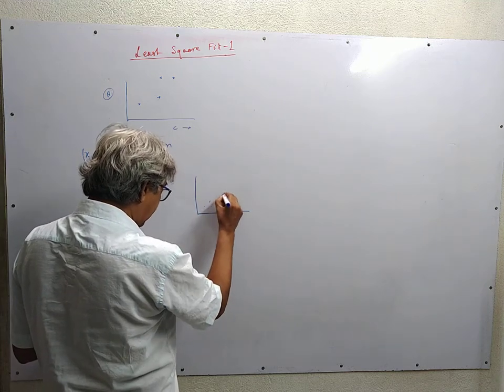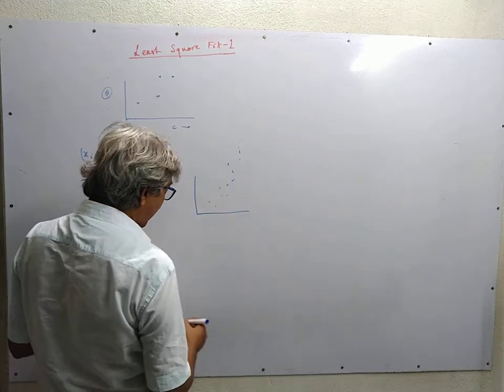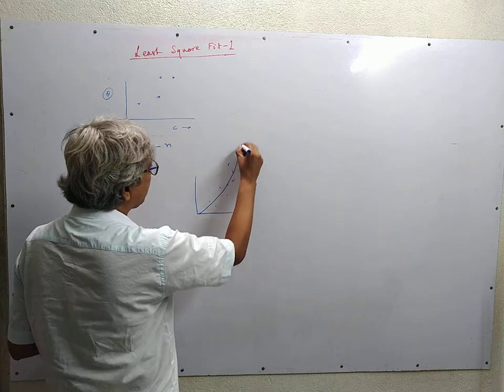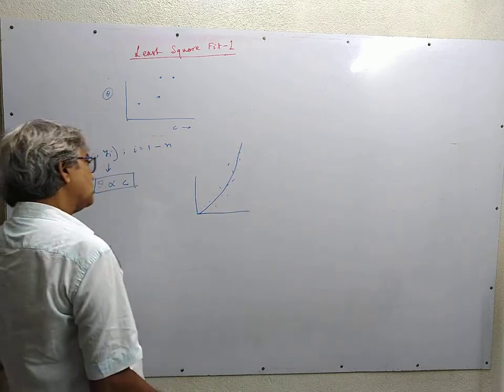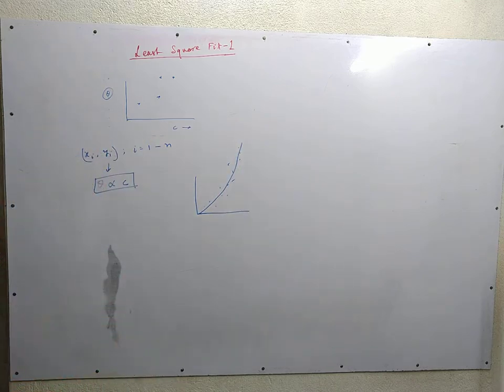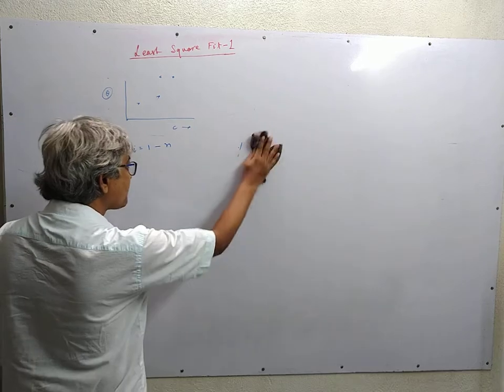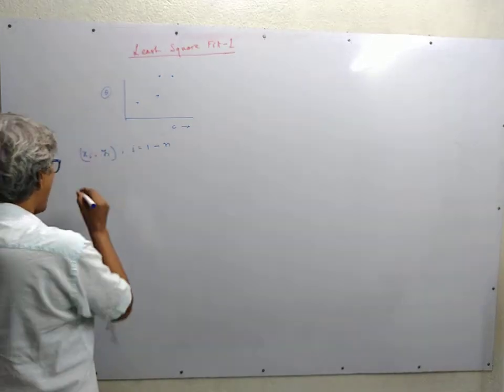Say the experimental data are like this. They are not at all a straight line graph, but we may fit it to a parabolic curve. So somehow we must have some knowledge of the nature of the graph.